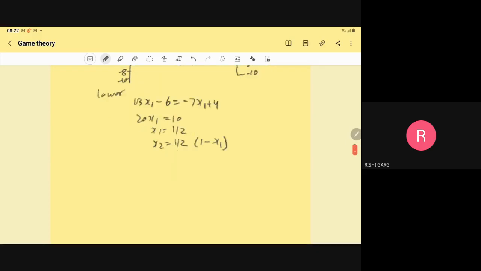And when we put it in any equation, this is the value of the game also. So the value of the game will become 13x1 minus 6, or minus 7x1 plus 4. When we put x1 equal to half, it will come 6.5 minus 6, so it is also the half.